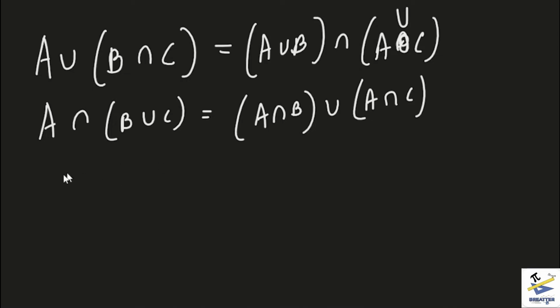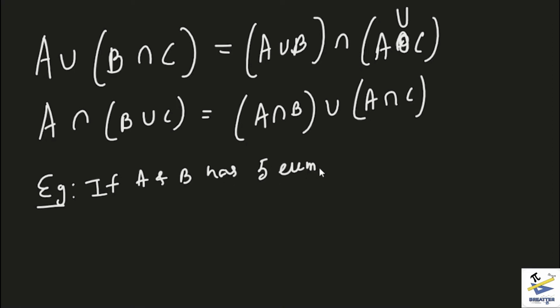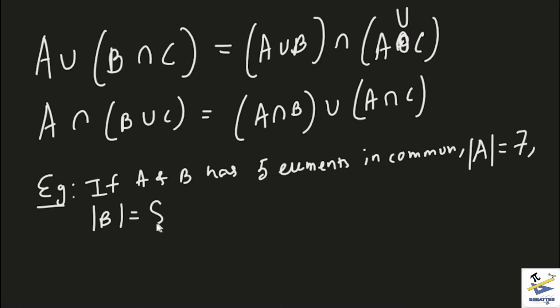And lastly, we can do an example problem like this. If A and B have 5 elements in common, then what is this value?